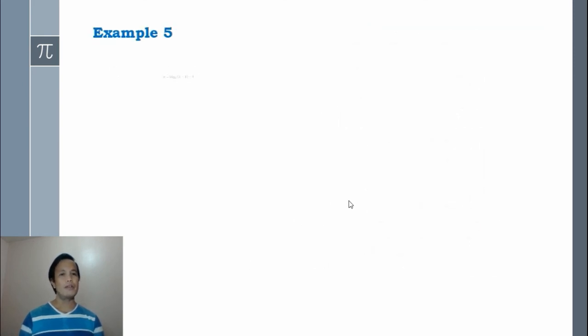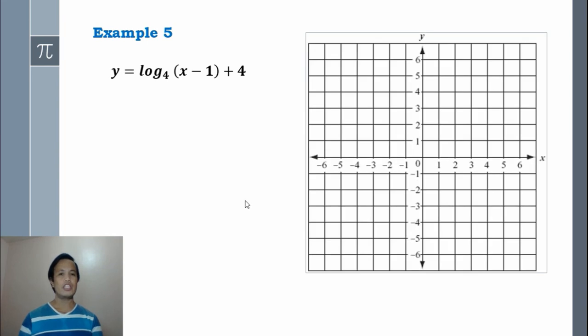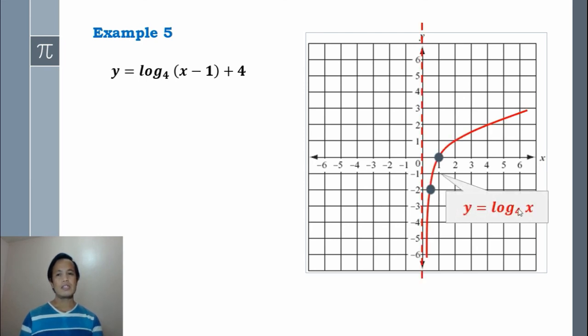Next example. How about we plot the graph of this function: y equals log of x minus 1 base 4 plus 4. So this is our Cartesian plane. Of course, we plot first the general form, which is log of x base 4. Then we include the horizontal translation, which is minus 1.